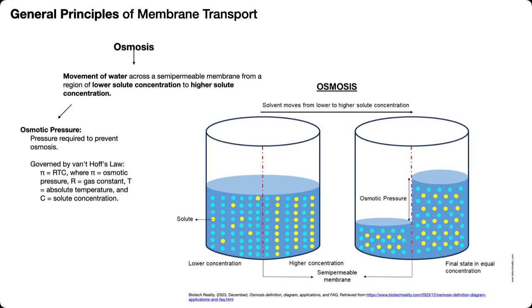You're not going to have to do any of the calculations, but just be able to interpret what these mean. So here you have pi indicating osmotic pressure, R is your gas constant, T is going to be absolute temperature in Kelvin, and C is going to be molar concentration of the solute, which is moles per liter.